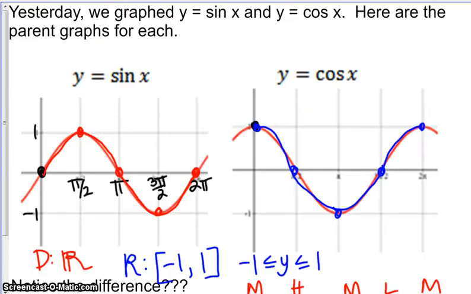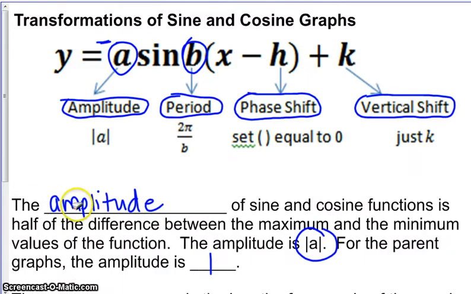Again, the reason being, from the top, the maximum, to the low, the minimum, the difference between those two is 2 units. Half of that represents the amplitude. Another way to think about that is from the middle up is 1 unit, and from the middle down is 1 unit. So our amplitude is +1 for both sine and cosine.